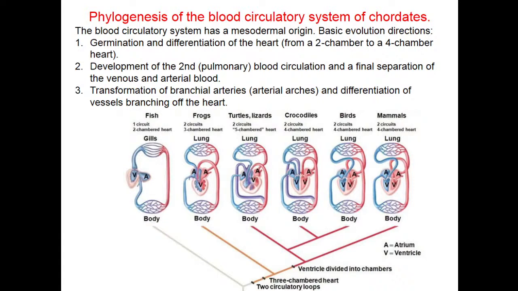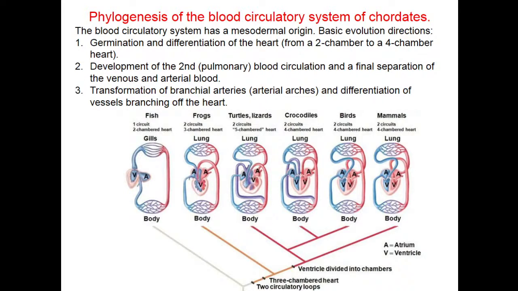The second, development of the second, pulmonary blood circulation and a final separation of venous and arterial blood. The third, transformation of the branchial arteries, arches, and differentiation of vessels branching from the heart.